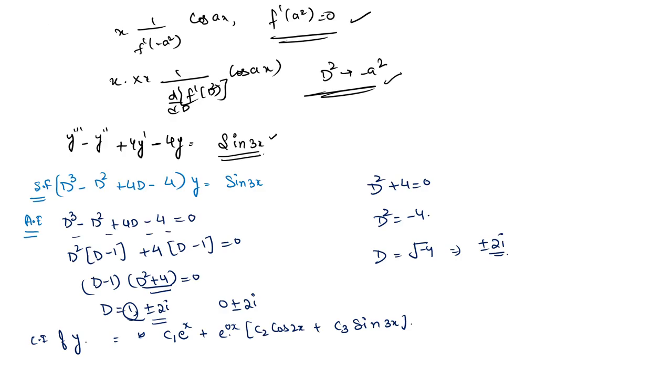How can we find the particular integral? It is 1 over f of D, which simply means 1 over (D cube minus D square plus 4D minus 4) sine 3x. As we know, D square is replaced by minus a square. What is a?